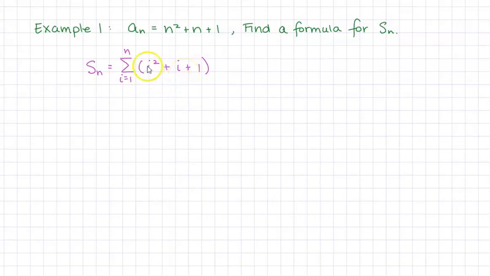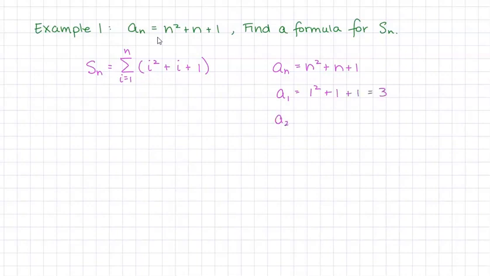Now the other thing is, why can I just put this formula as my argument? Well, if you think about it, it's actually pretty simple. Let's take a look at this first. a sub n equals n squared plus n plus 1. That means the first term is 1 squared plus 1 plus 1, which is just 3.